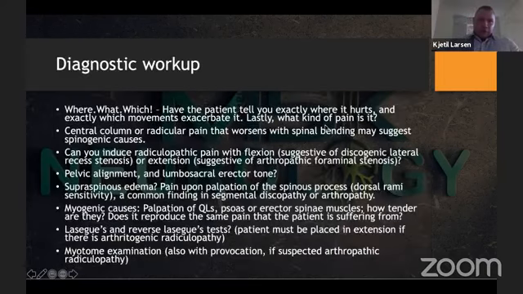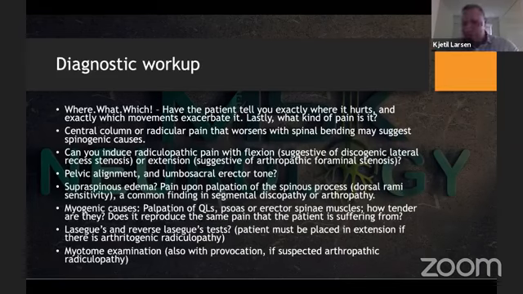Okay, diagnostic workup. So we've got to ask, where is the pain? What kind of pain is it? And which movement exacerbates the pain? If the patient tells you that they have this horrible central spinal pain, it's much worse with spinal flexion or extension, but it doesn't radiate, it's probably discogenic pain. It could also be facet joint related, but in my experience, generally discogenic pain.